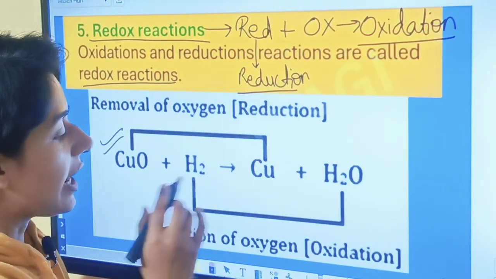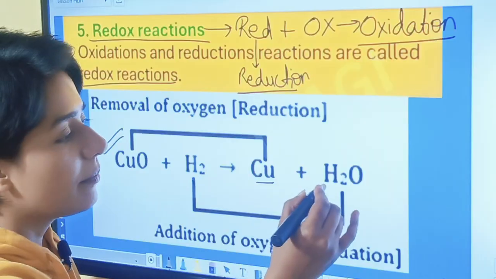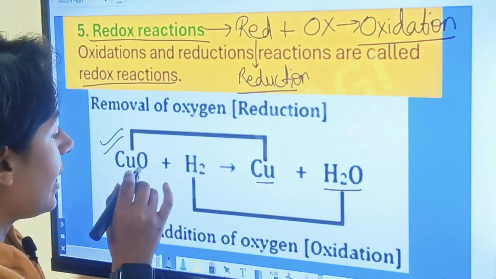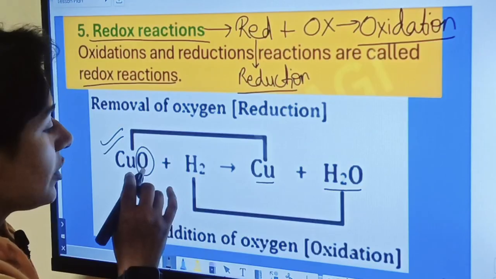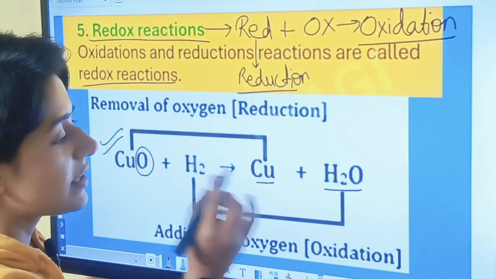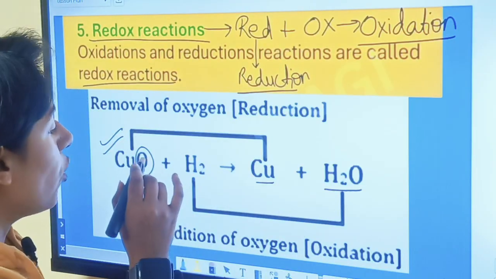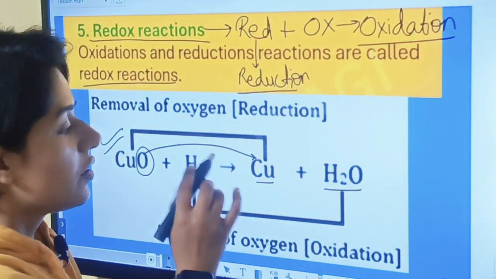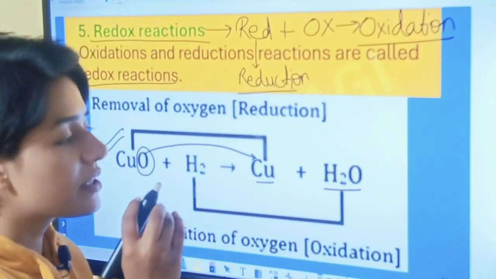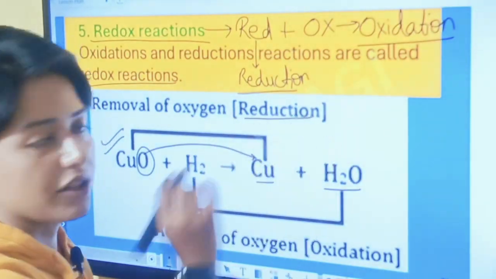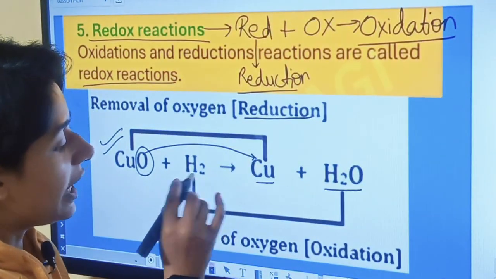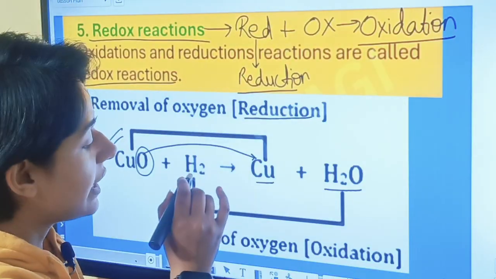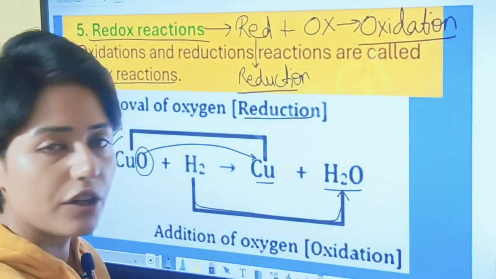Copper oxide reacts with hydrogen, then forms copper plus water. So here copper has oxygen, but in the product the oxygen gets displaced. Copper loses the oxygen. So when a substance loses oxygen, it is known as reduction. Similarly, hydrogen gets the oxygen and converts into water.